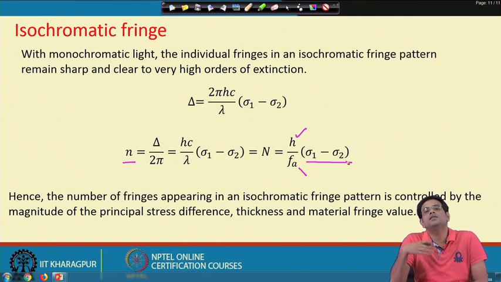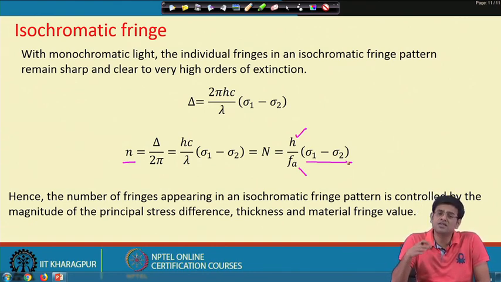Now, this completes our discussion about transmission photoelasticity, where we can see the stress contour within the whole body.